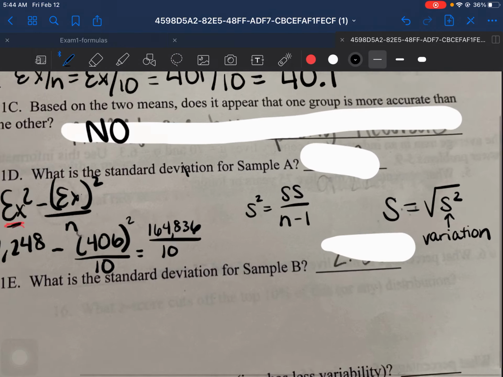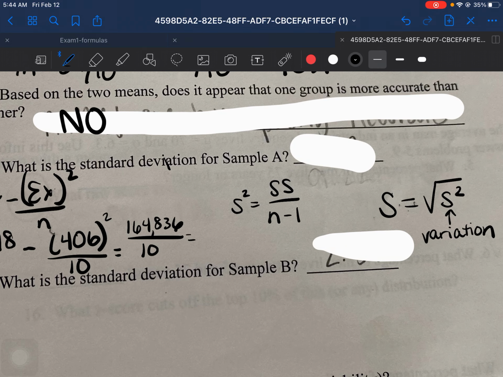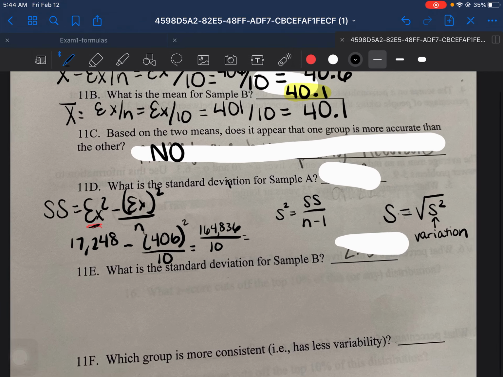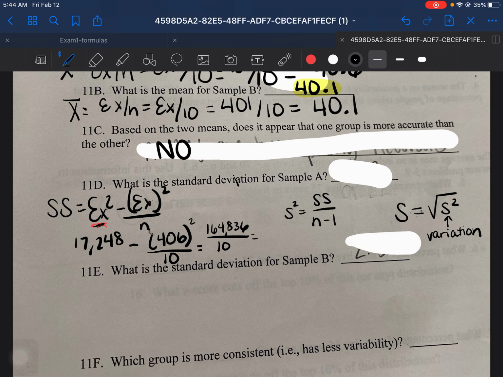So move this over so we have room. That's going to give you 16,483.6. Then we've just got to do this 17,248.